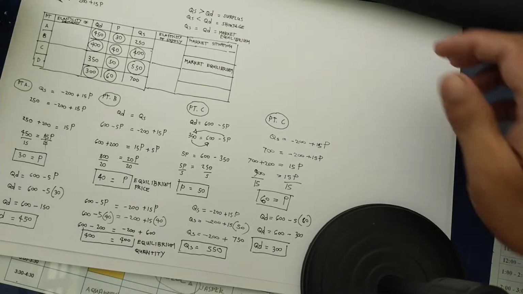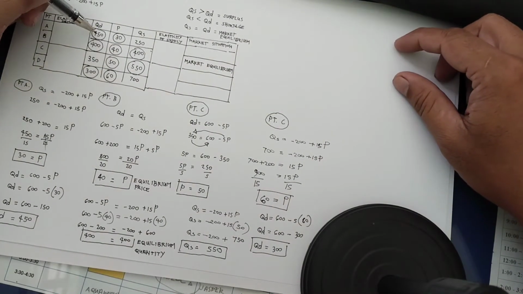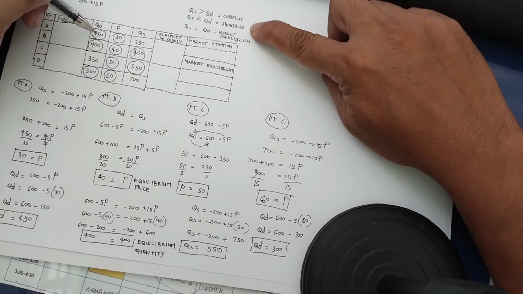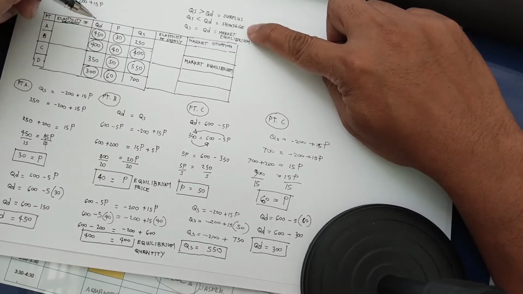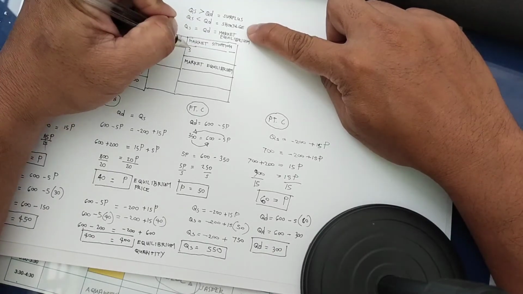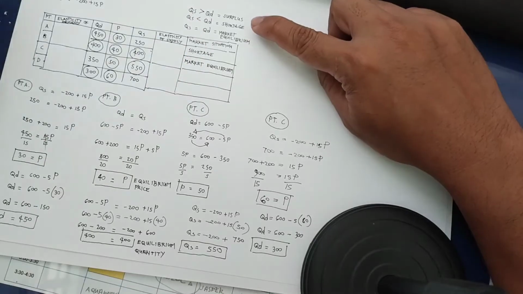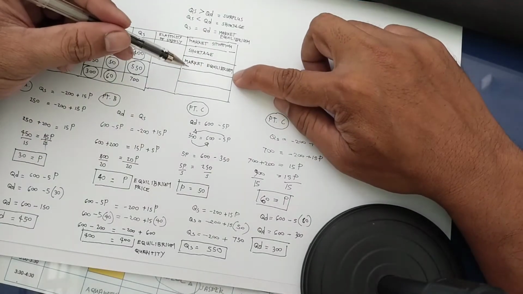So in this situation, quantity demand, quantity supply. So quantity supply is less than quantity demand. So since it is less than quantity demand, then there is what we call shortage. Next, equal, so market equilibrium.